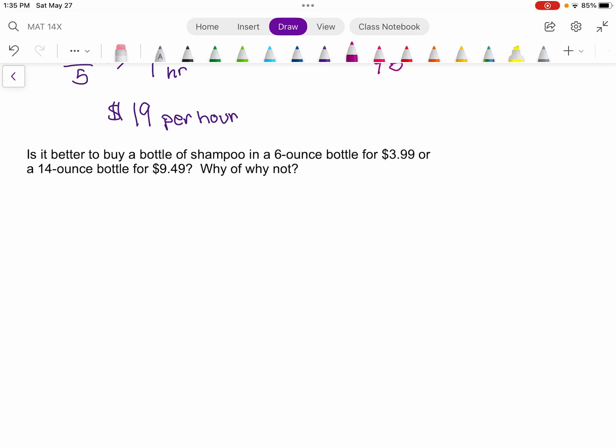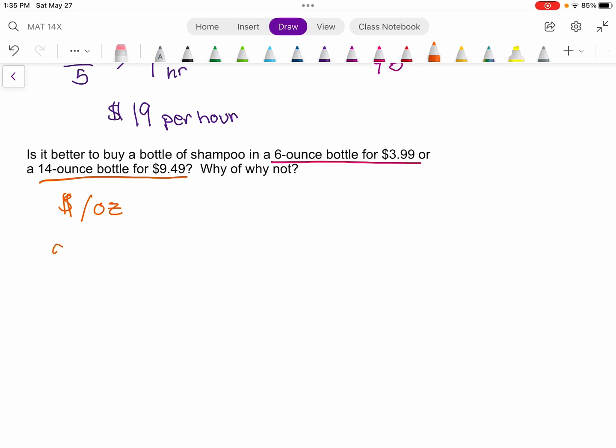In this case, we're looking at bottles of shampoo. We're told that there's a 6-ounce bottle for $3.99. And on the other hand, we have a 14-ounce bottle for $9.49. If we can figure out the dollars per ounce cost, then we can figure out which is going to be the better deal. So let's start with the 14-ounce bottle. I want dollars per ounce. An ounce is abbreviated OZ.